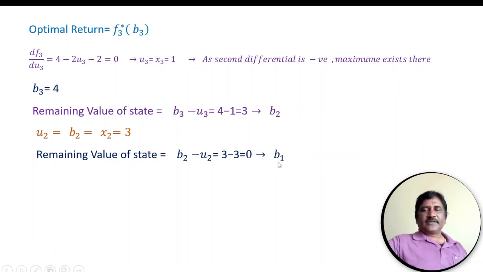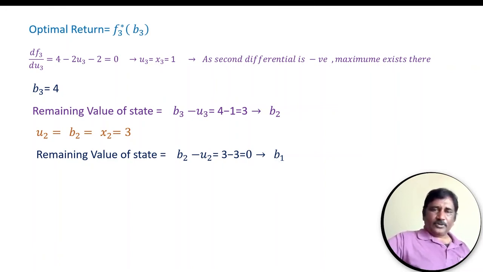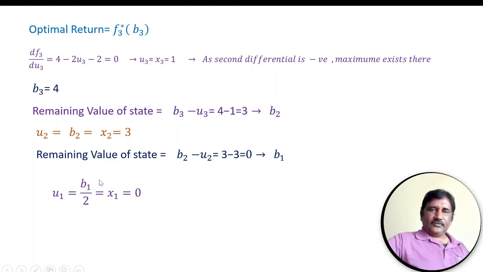So this is the state variable value for the even previous stage, that is the first stage. From third I am going to second, from second I am going to first. So the limiting value of the state variable in the first stage is 0. Now that you know b1, you know the approach of computing u1 from b1 in the first stage: u1 is equal to b1 by 2, and b1 is equal to 0, so u1 will be equal to 0.